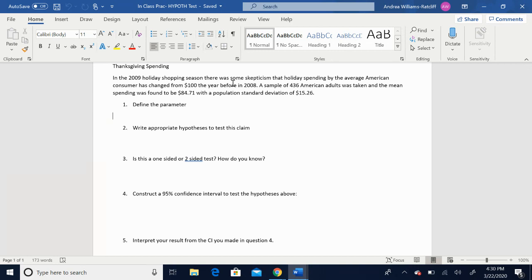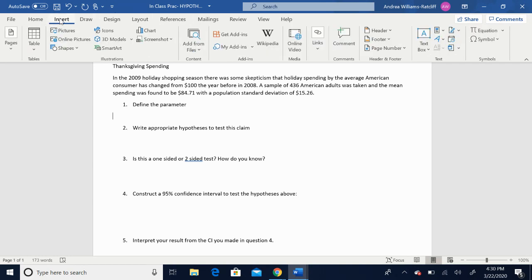We're trying to use the sample to draw an educated conclusion about what the parameter would be. Whenever we're typing with these symbols, you can always write the word mu. If you're not familiar with it, you can go to insert symbol, and there is a lowercase mu symbol. You can always insert that.